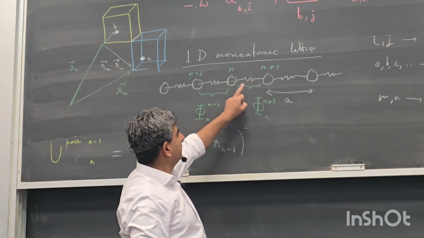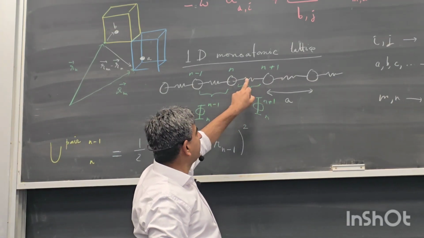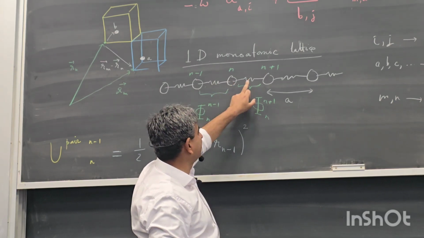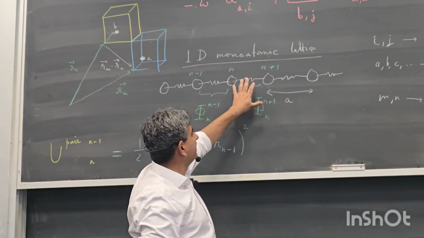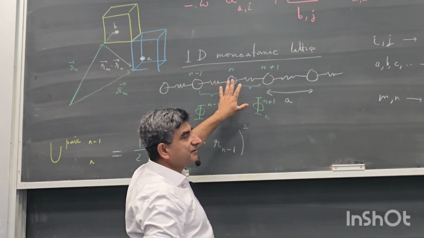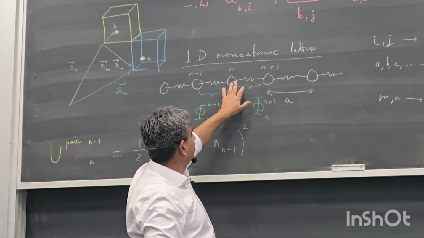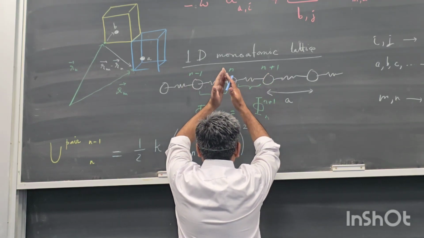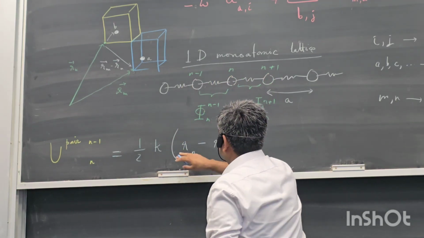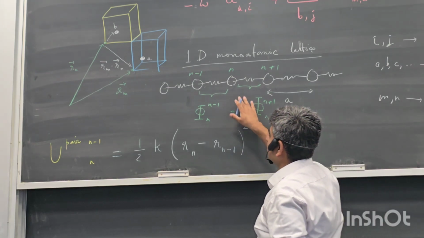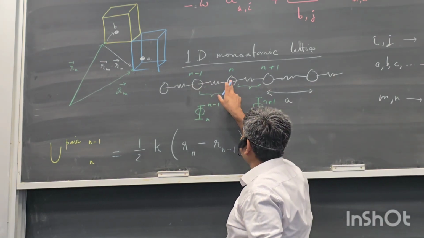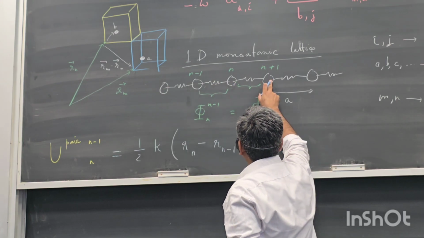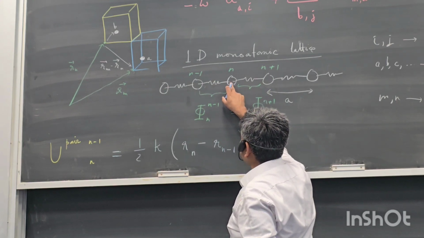But this atom is also connected to this atom. So my focus right now is on the nth unit cell, this atom in the nth unit cell. So it's connected with its neighboring atom. So the total energy that this system sees, with these three atoms in place, with my pivot on this central atom, is the potential energy associated with this interaction. So n is this, m is n minus 1, and another m is n plus 1. There is of course an m equals n as well.